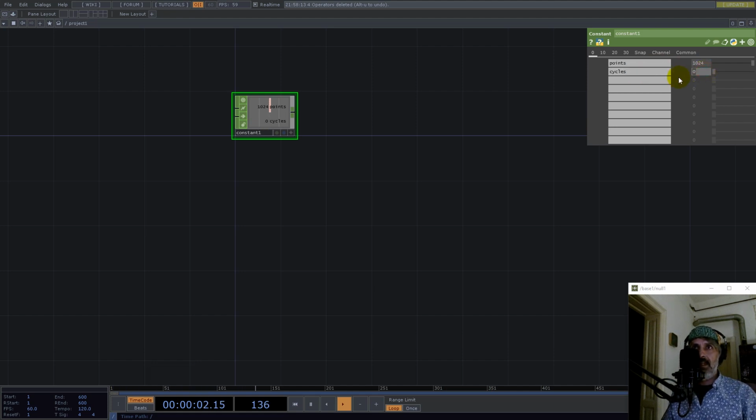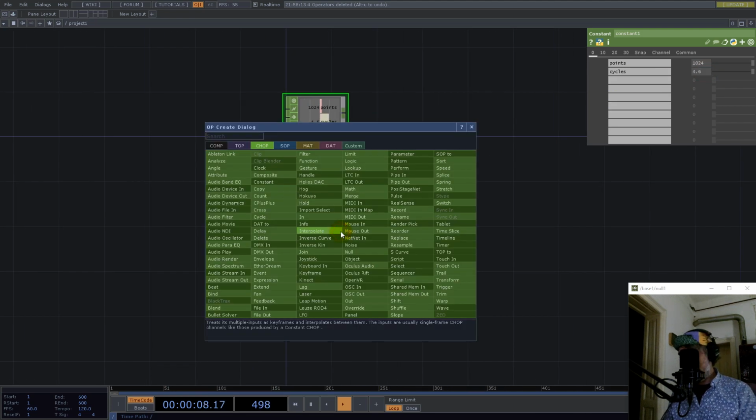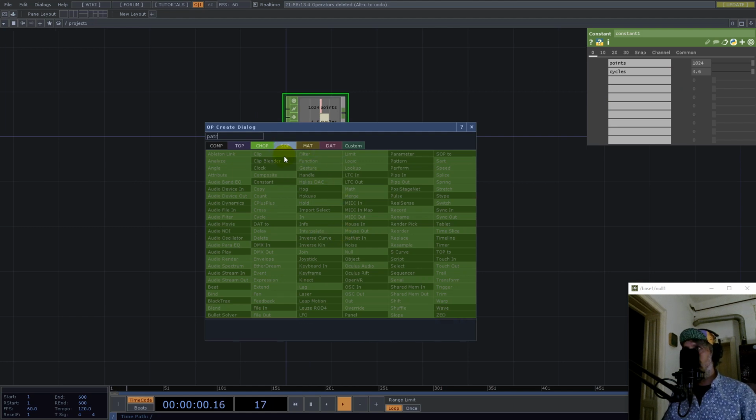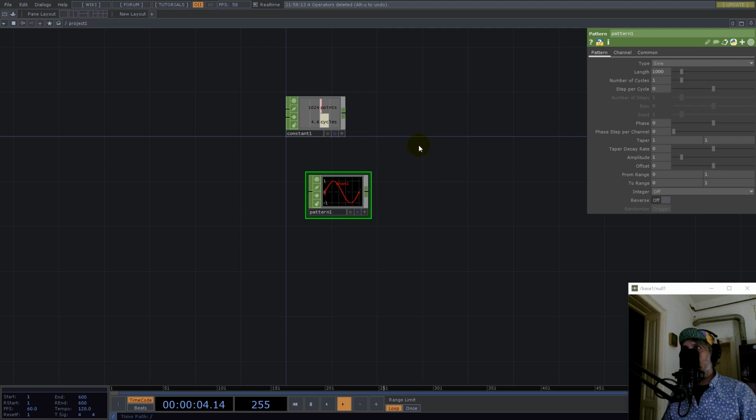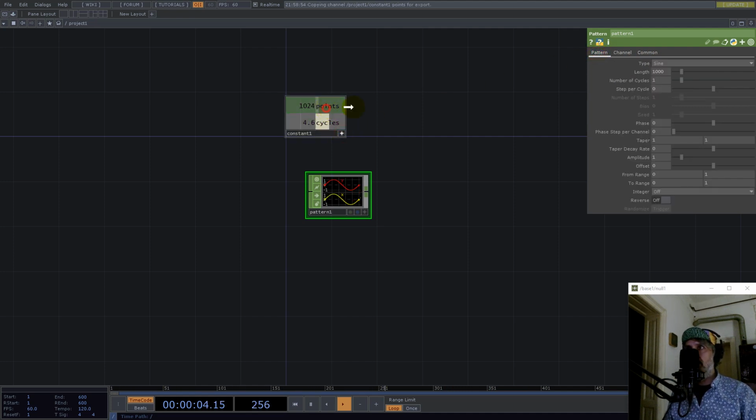And cycles we go for 4.6, okay? And now let's use a pattern. So we have a pattern in which we ask for 2 channels. First one is y, the other one is x, and the length of them is 1024.